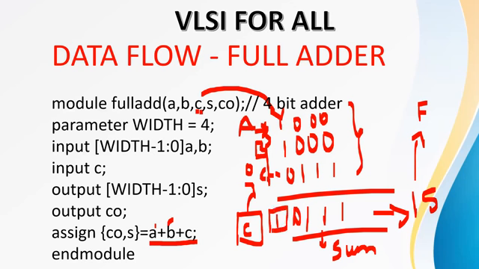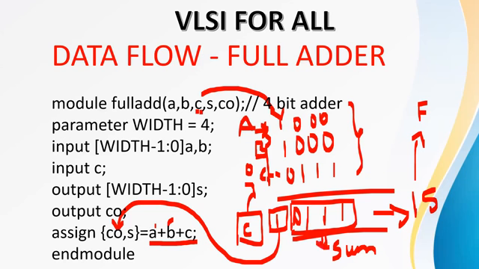Right? So whenever we get the carry, this gets stored in C out, and these 4 bits get stored in sum. Got it? So whenever we write A plus B plus C, we are getting the sum and storing it into this, and the carry is stored into this.